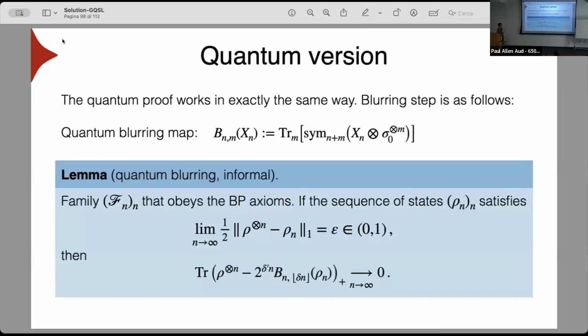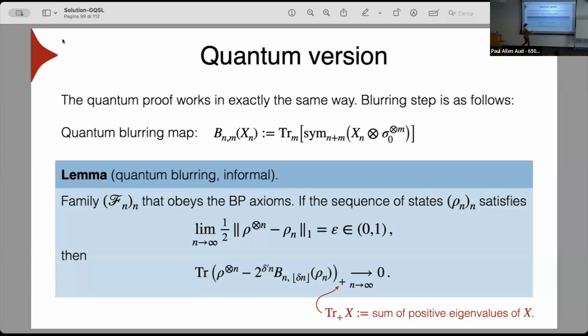If you start from a sequence of states that's not orthogonal to an IID state, and you blur it, you will approximately dominate your IID state. This approximate domination means that if you take your state, subtract, with a small exponential coefficient, the blurred state, and you take the trace of the positive part, the sum of the positive eigenvalues, this goes to 0.